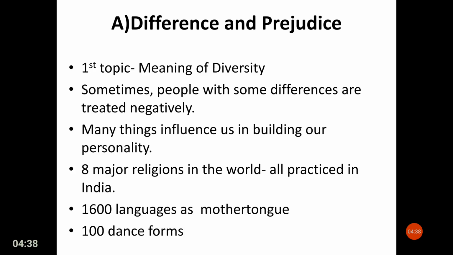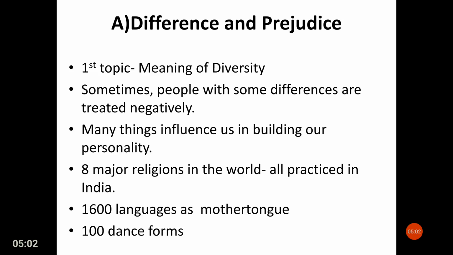Like in Chapter 1, we discussed Samir 1 and Samir 2. Both children were from different backgrounds and different economic conditions, but later, as they started knowing each other, slowly and steadily they became emotionally attached and good friends.